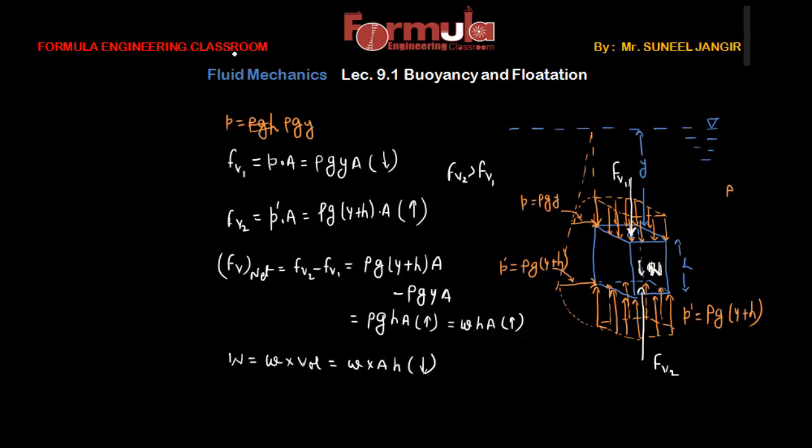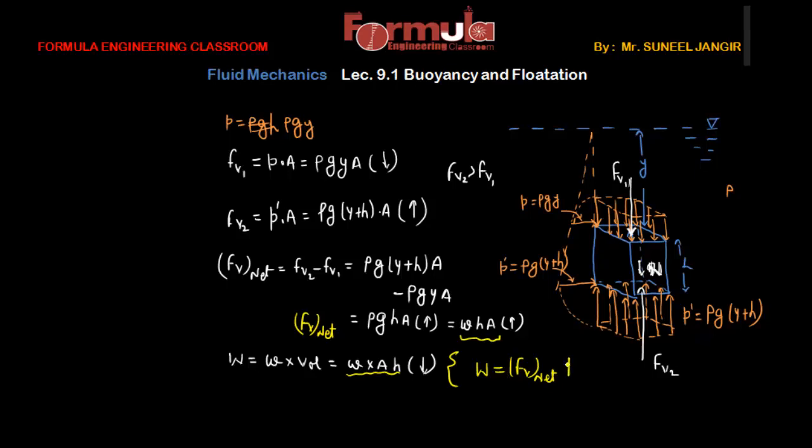You can notice here the net vertical force FV net acting in upward direction is w h A, and the weight of the fluid element acting in downward direction is also w h A. So we can say that the weight of the fluid element is equal to FV net.